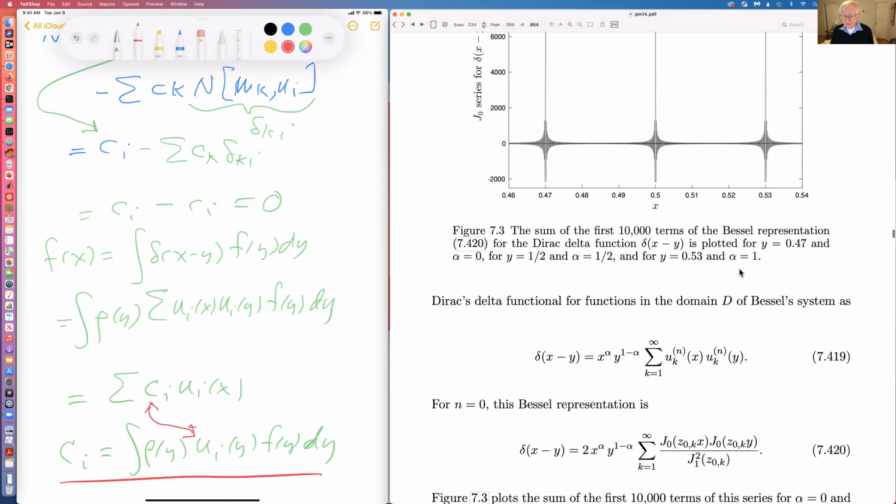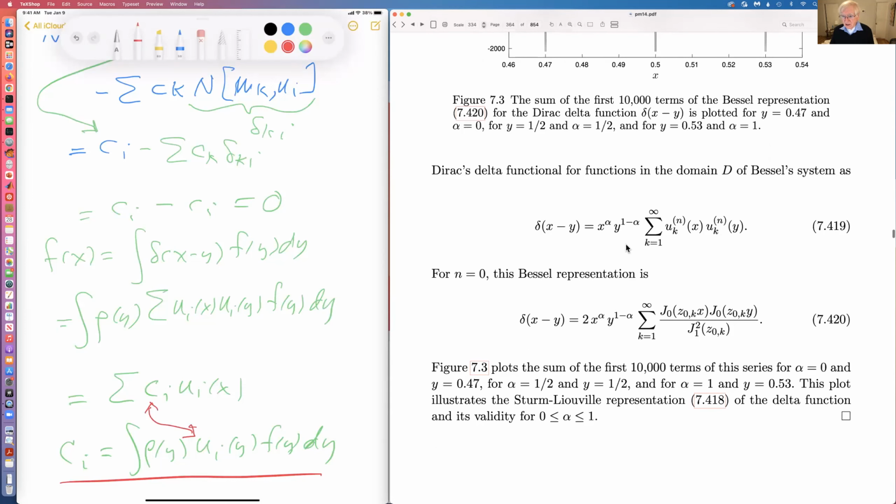But anyway, the analog of Dirac's delta function for this is the product of the eigenfunction of x and eigenfunction of y, summed over them all, multiplied by the product of weight functions. And what I was illustrating here, by letting alpha vary, was alpha equal to 0, alpha equal to 1/2, and alpha equal to 1.